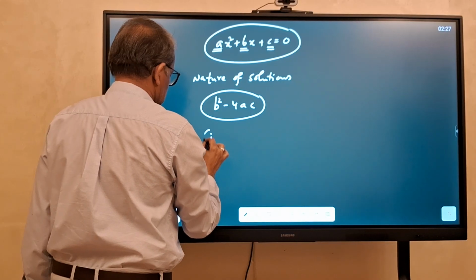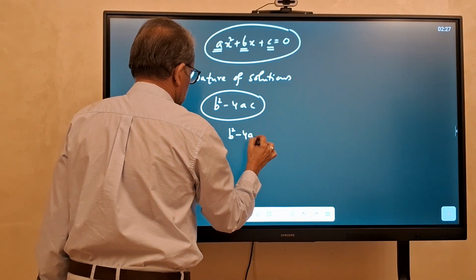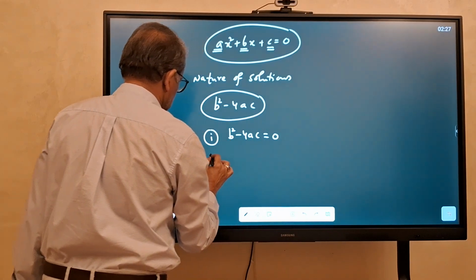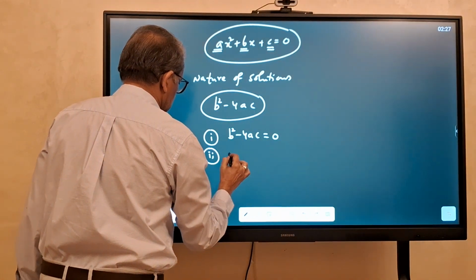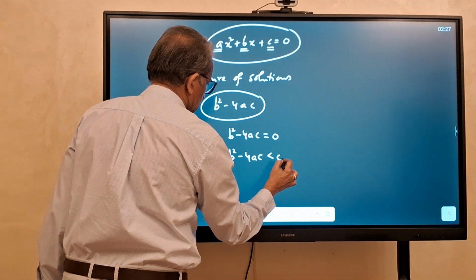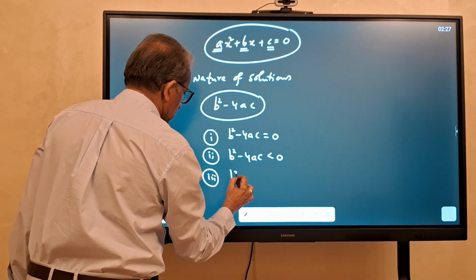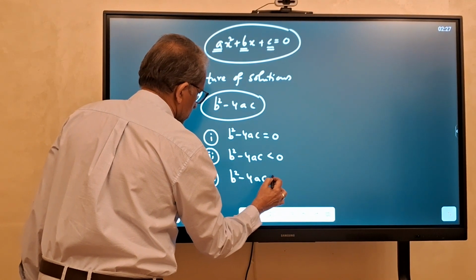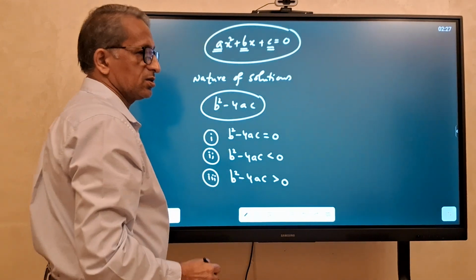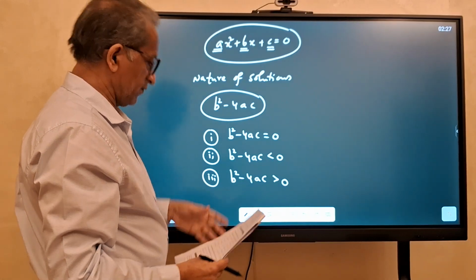There are three conditions here. If b square minus 4ac is 0, or b square minus 4ac is less than 0, or b square minus 4ac is greater than 0. So these three scenarios happen whenever we have this.